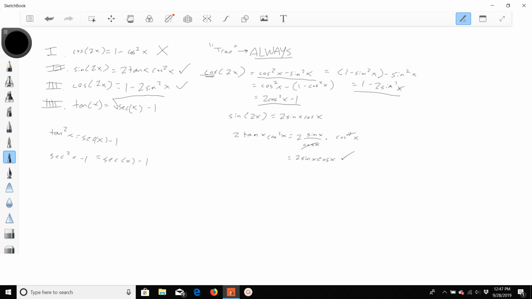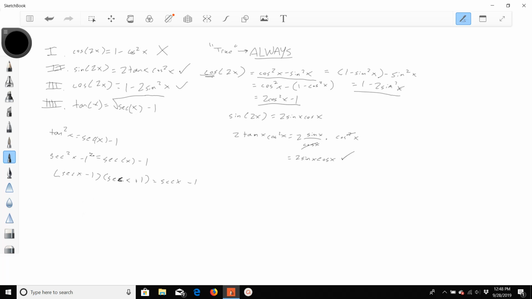Now hopefully you can see right away that this is not true for all values of x, but to make it a little more concrete, I'm going to factor the left side into secant x minus 1 times secant x plus 1 is equal to secant x minus 1. I can do this because this is the difference of squares. It's secant squared x minus 1 squared, because 1 is 1 squared.